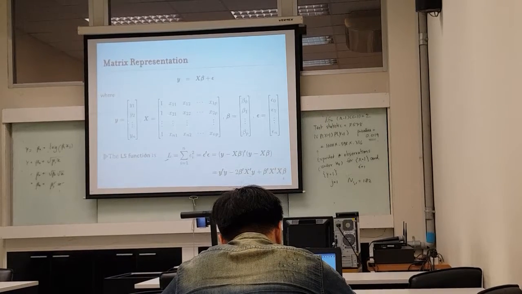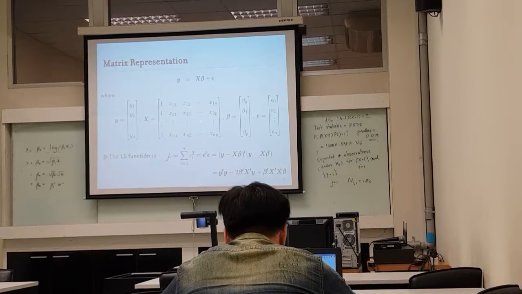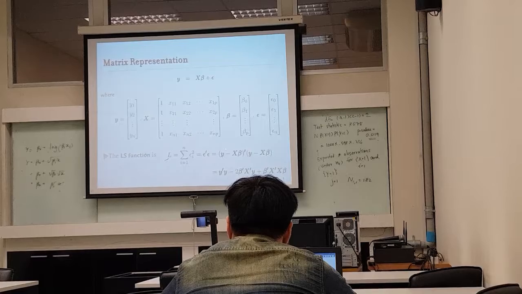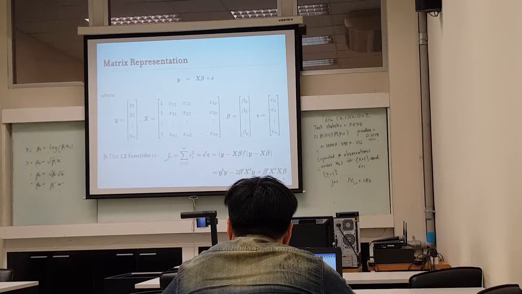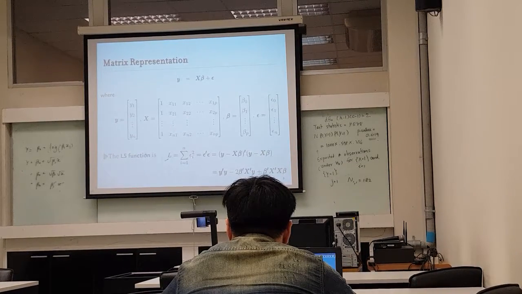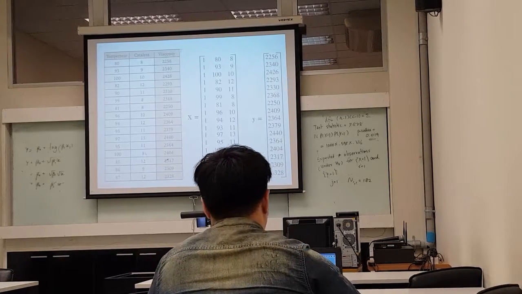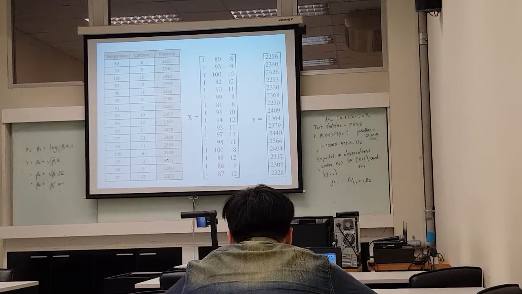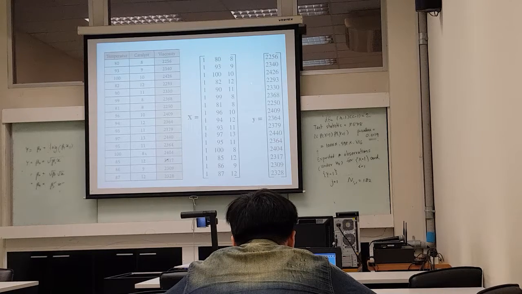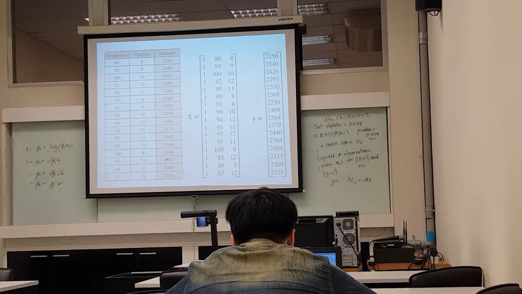This term is just y subtract x times beta, transposed, multiplied by y subtract x beta. If you have a vector of beta here, when you multiply x and beta, you will have beta 0 plus beta 1 x1 plus beta 2 x2, right?